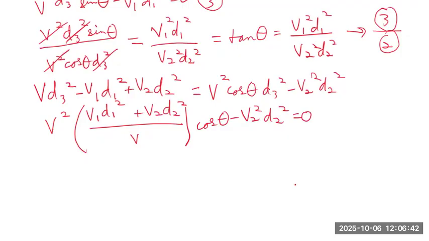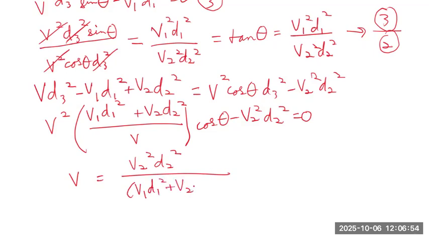And thus V is equal to V2 squared D2 squared over V1 D1 squared plus V2 D2 squared times cosine theta.